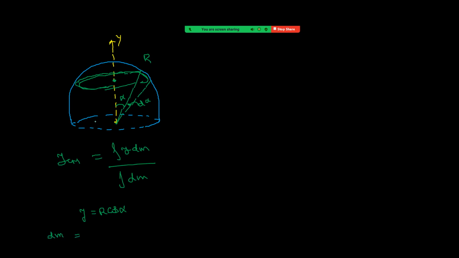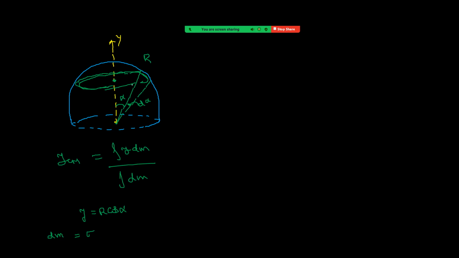Remember, this is a three-dimensional body, but mass is not in the volume. Even though it is a three-dimensional body, mass is not in the volume. Therefore, here we are taking mass per unit area. Okay, that is sigma. So it is equal to sigma into, see what is now corresponding area?